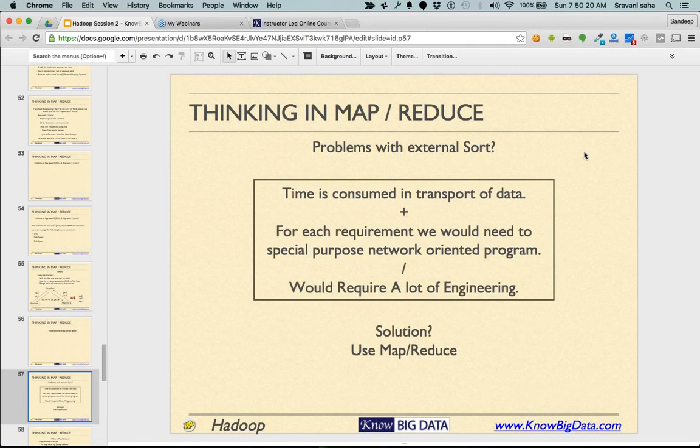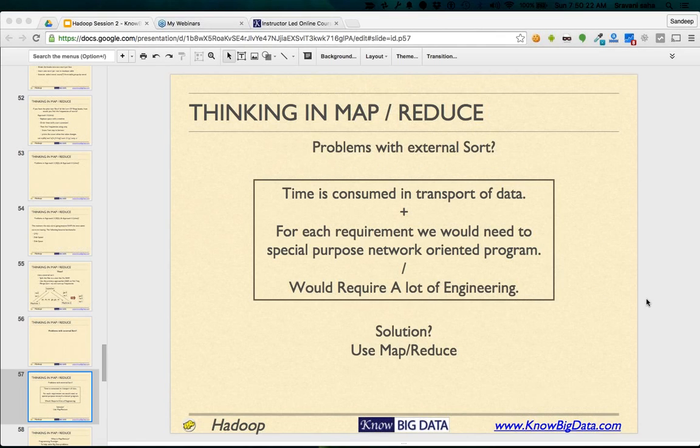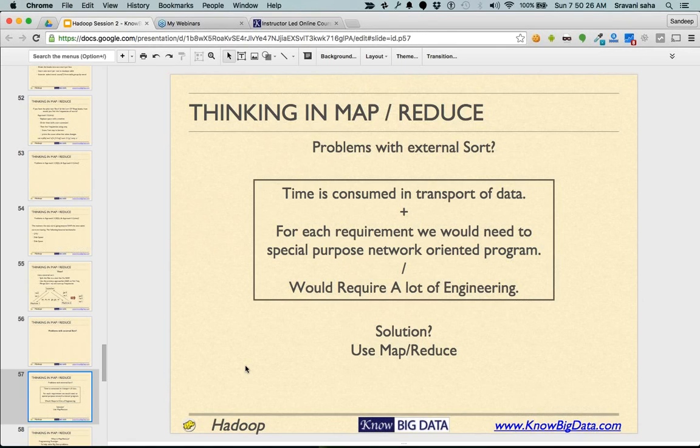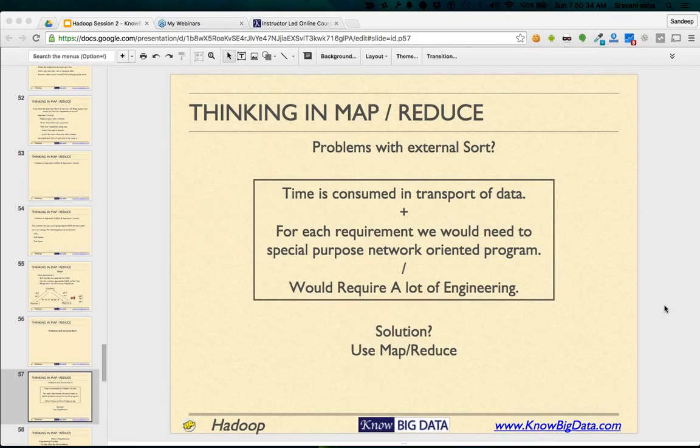As a matter of fact, the architecture of Apache Spark is partially like this, whatever we have just discussed, but there are problems with this approach. The first problem is the time consumed in transport of the data, because you are sending the data to these machines, and these machines are doing the work and then sending it back.